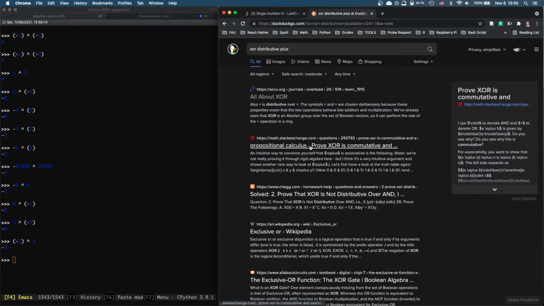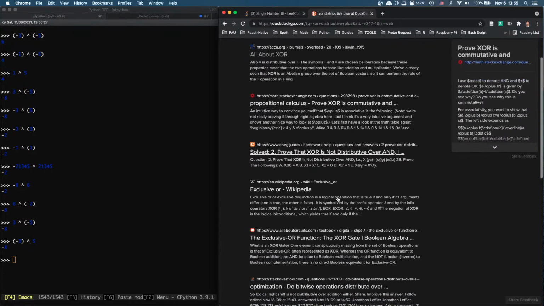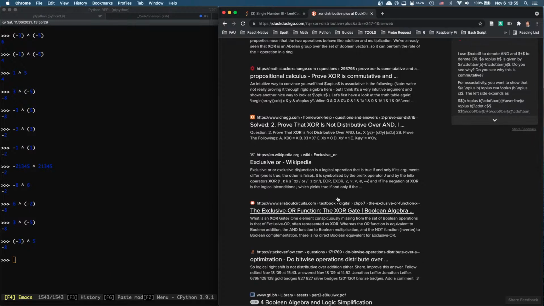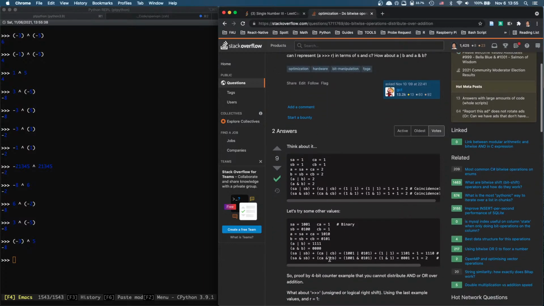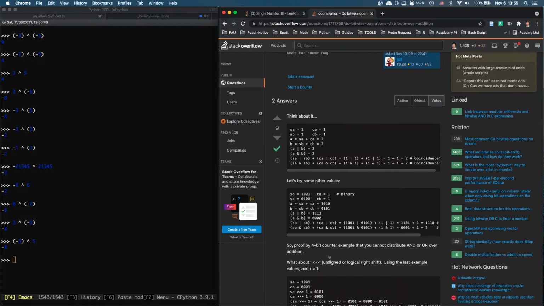Propositional calculus. It's not distributive, or and. Well, plus is not and. The bitwise operation distributed over addition. You cannot distribute and or over addition.